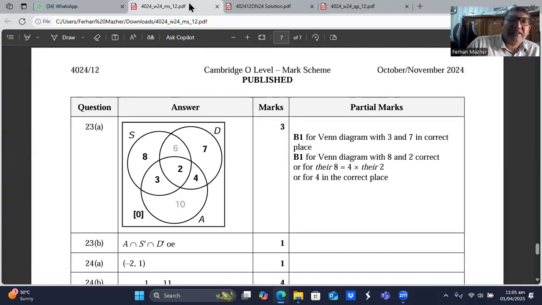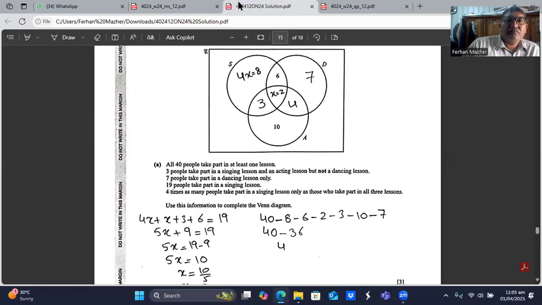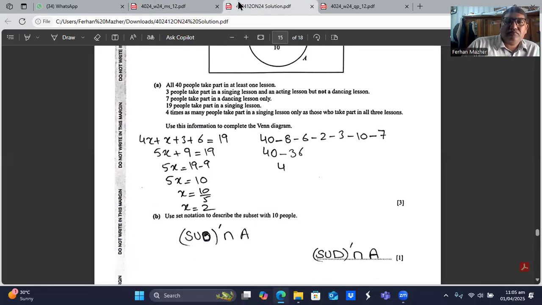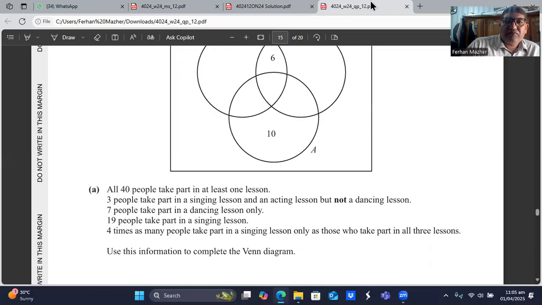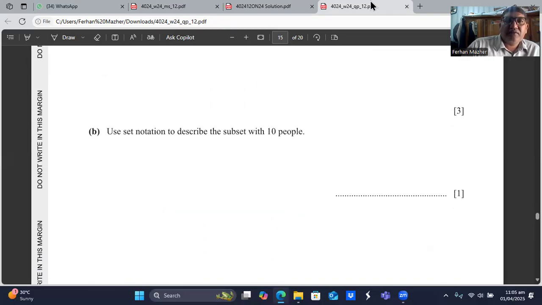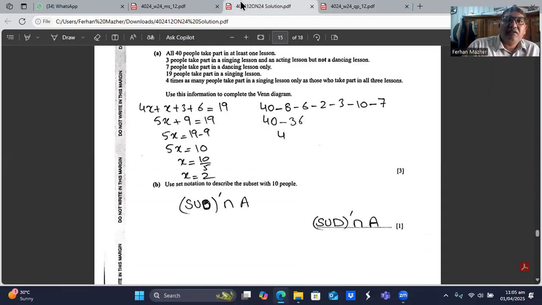So you can have a look at this marking scheme. Then their question is, they want me to write, use set notation to describe the subset with the 10 people.